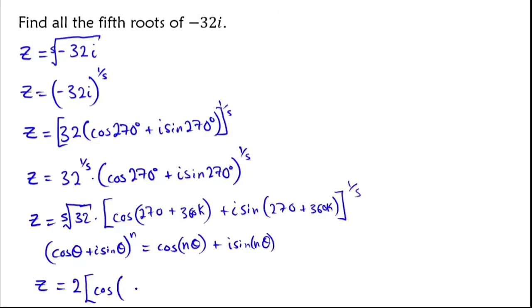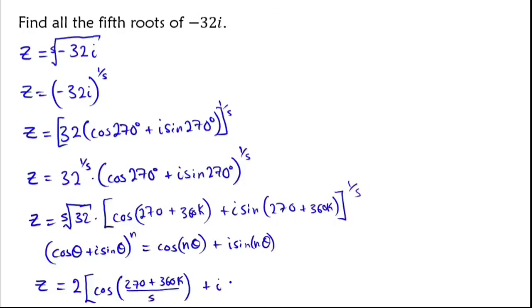So that 1 over 5 is multiplying our angle according to De-Moivre's theorem. So that will be 270 plus 360k over 5, because it's multiplying the whole thing. So if it's multiplying the whole thing, that 5 just goes in the denominator.